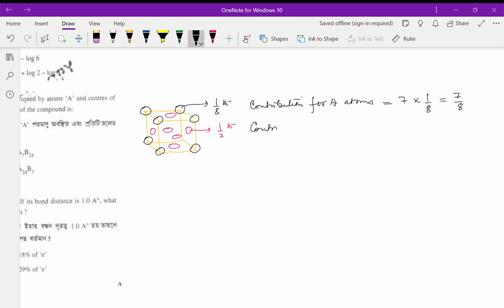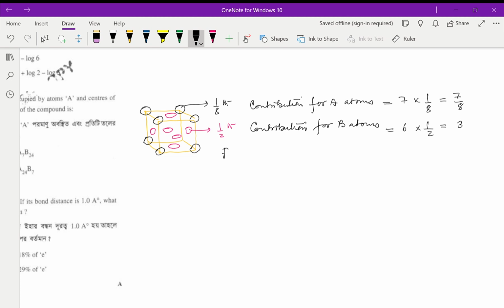Contribution for B atoms: since they are present on the faces, each of them contributes half. How many of them are there? 6, so it becomes 3.